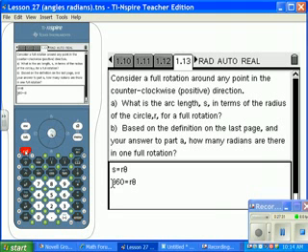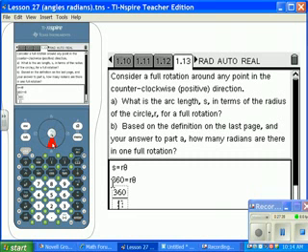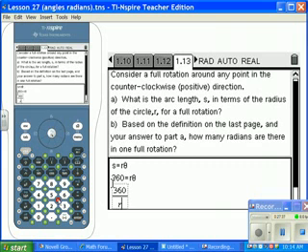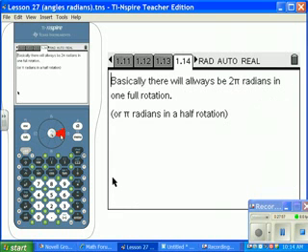Divided by R. So 360 divided by R, which is what? What's R? Yeah. It's going to tell me how many radians I have. Okay? And this will make more sense in a minute. I don't really like that question. I think I'll take that out next time. But it'll make more sense when we apply it.